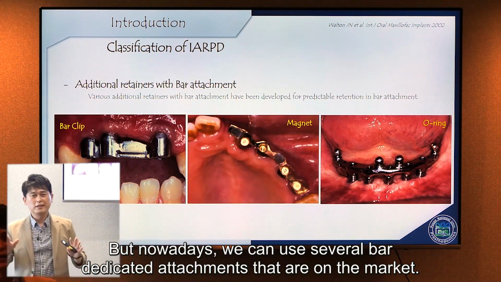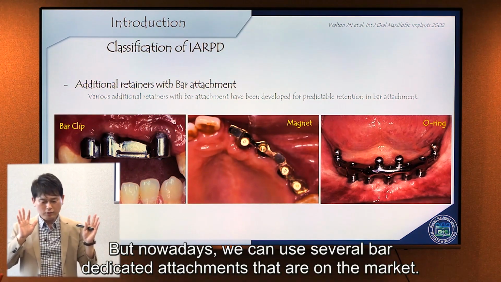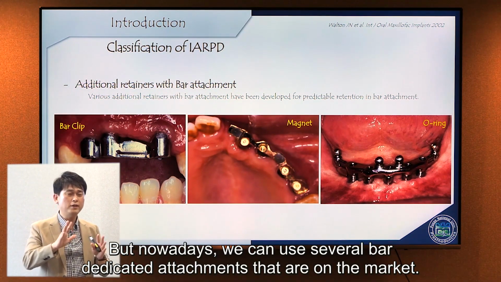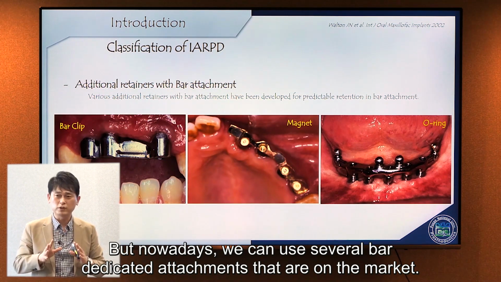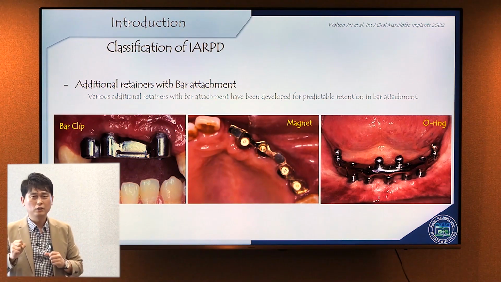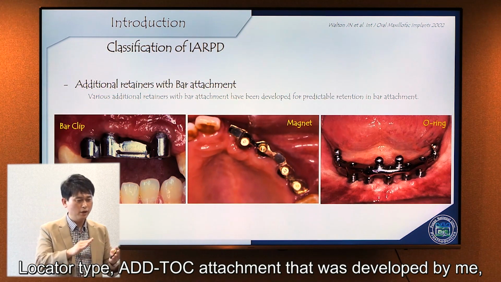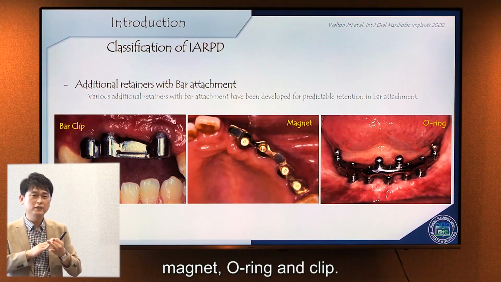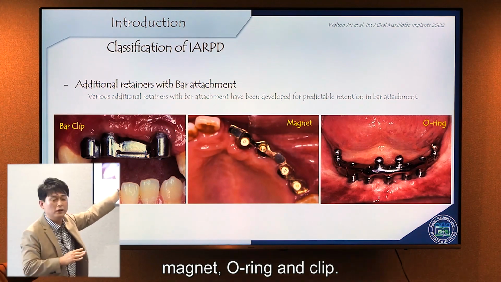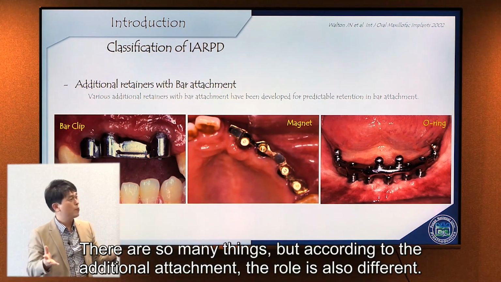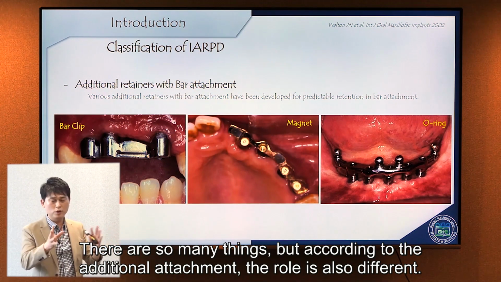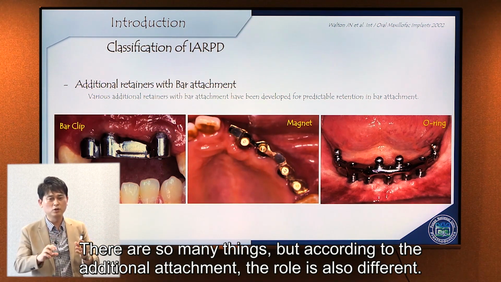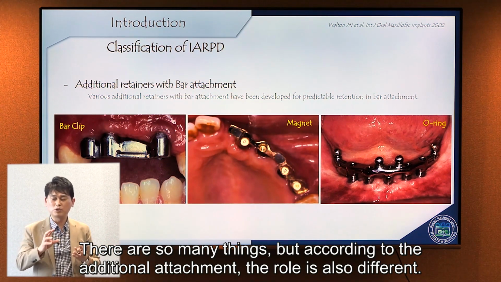But nowadays, we can use several dedicated attachments on the market: locator type, Electro attachment that was developed by me, magnet, O-ring, and clip. There are so many things. But according to the additional attachment, the role is also different.